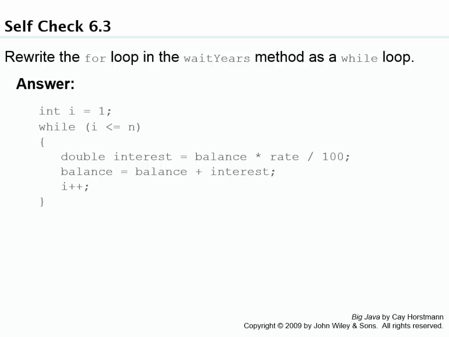The body stays pretty much the same, apart from the change to the control variable. So anything you can do with a for loop, you can do with a while loop, but the other way it doesn't work. Not every while loop can be turned into a for loop. And the main difference is the number of times you go through the loop is not known and can't be known when you write the code.